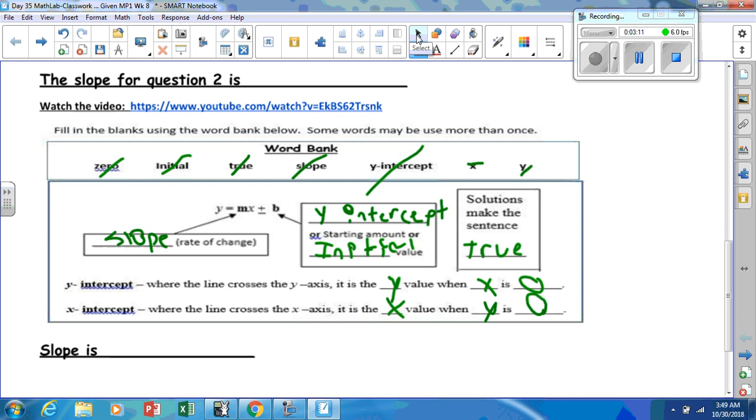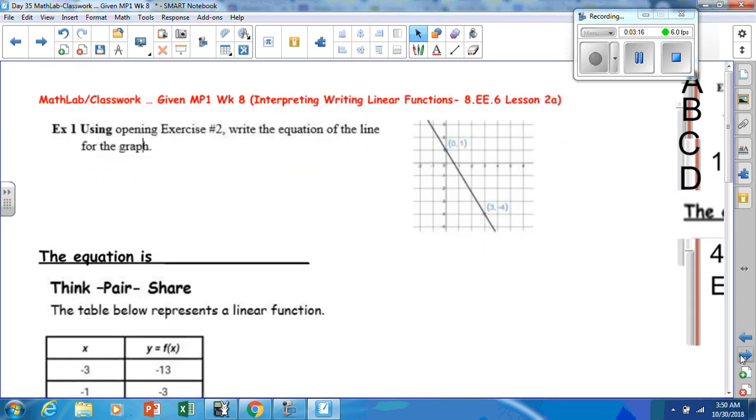We actually started this, and I skipped over it because I knew I'd come back to it. I have here a line. It passes through my y-intercept, 0, comma 1, and I set another point here at 3, comma -4. Where do I go with that in terms of generating an equation?